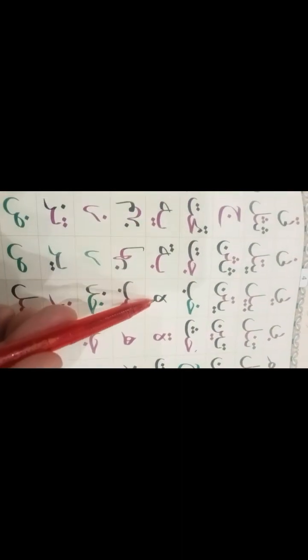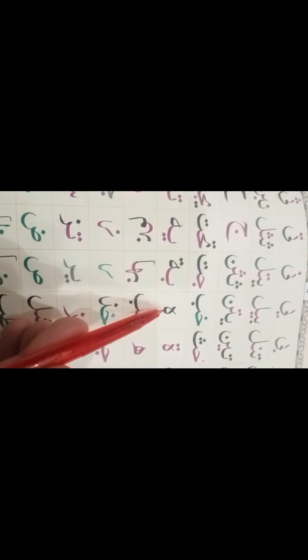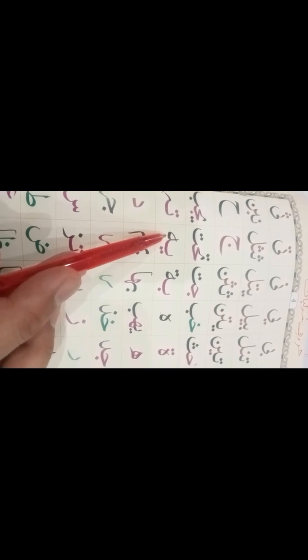Ba plus ha looks like another written form of ha. Number one is there, ha, and this type of ha we learned yesterday. Yesterday we discussed it, and as well as in ya ha, another written form of ha is there.